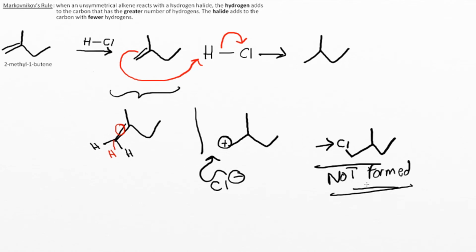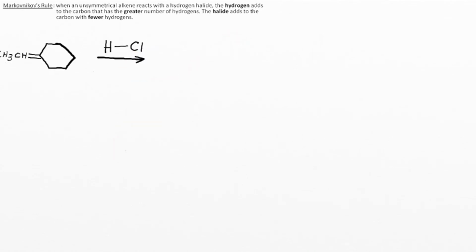Let's do another example. Now let's take a look at this example. We have this molecule here on the left, and we're reacting with the HCl. So again, this double bond will attack this hydrogen, kicking off the chlorine. Question is, where does the hydrogen go? Well, if you look at the molecule, this is the double bond, and we have one carbon here to the left and one carbon here to the right.